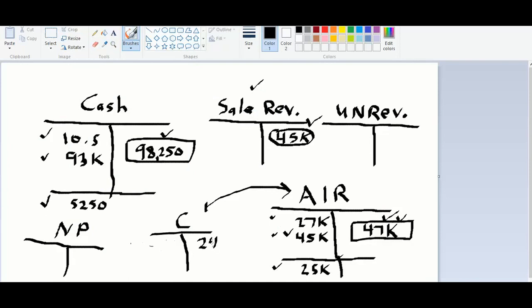And the question is, what did we pay it on? We paid it on notes payable. So there's the credit of cash, but notes payable, which is a liability, is likewise going down. And I'm showing both sides here, notes payable and cash.